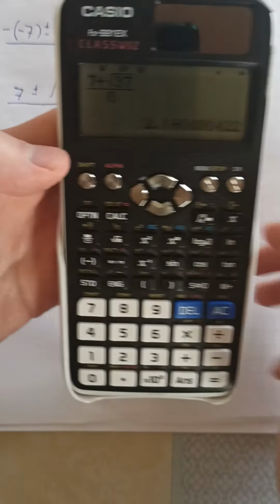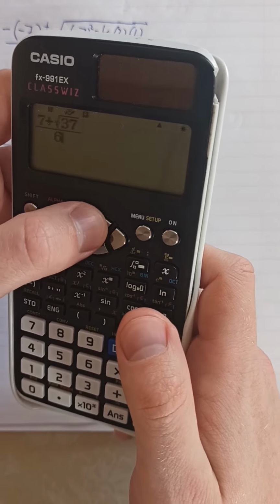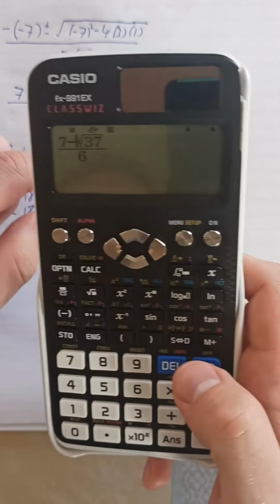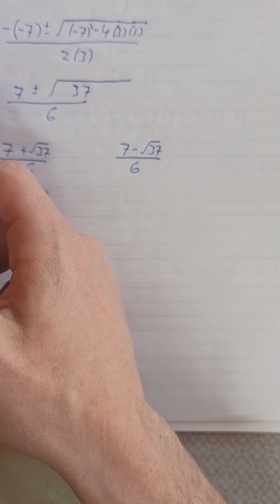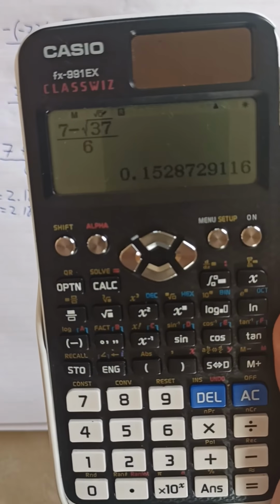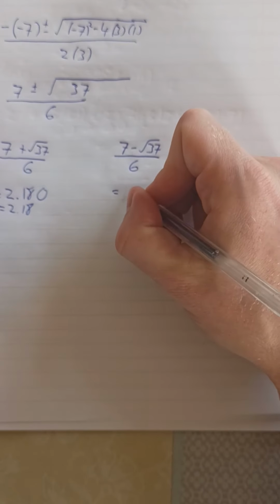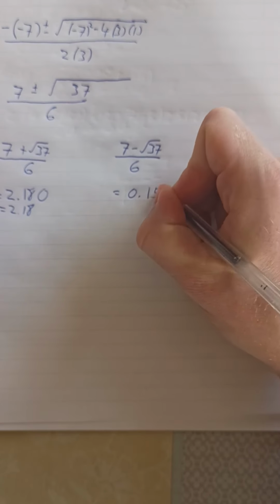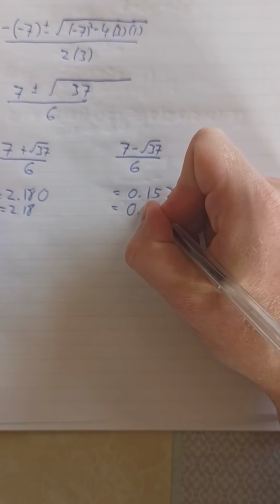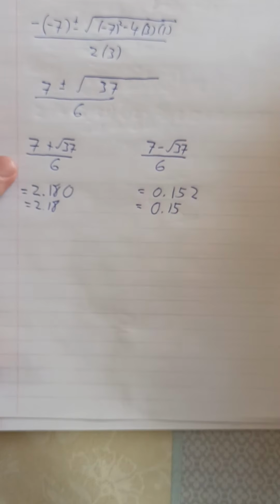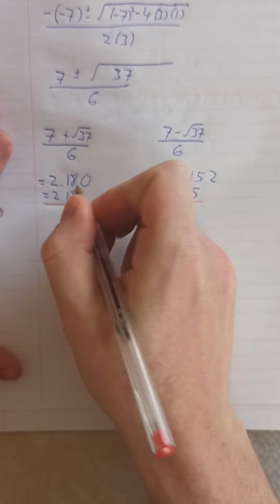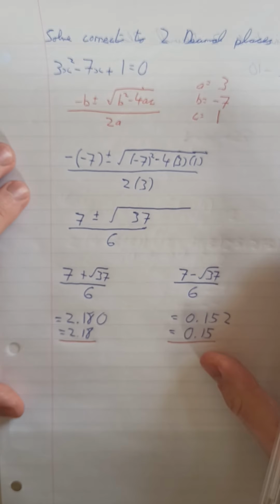Now, on my calculator, I can just go back and change it to a minus. And as you can see, that gets me 0.152. It's the two decimal places, so 0.15. And these are my two solutions, the two roots to this question.